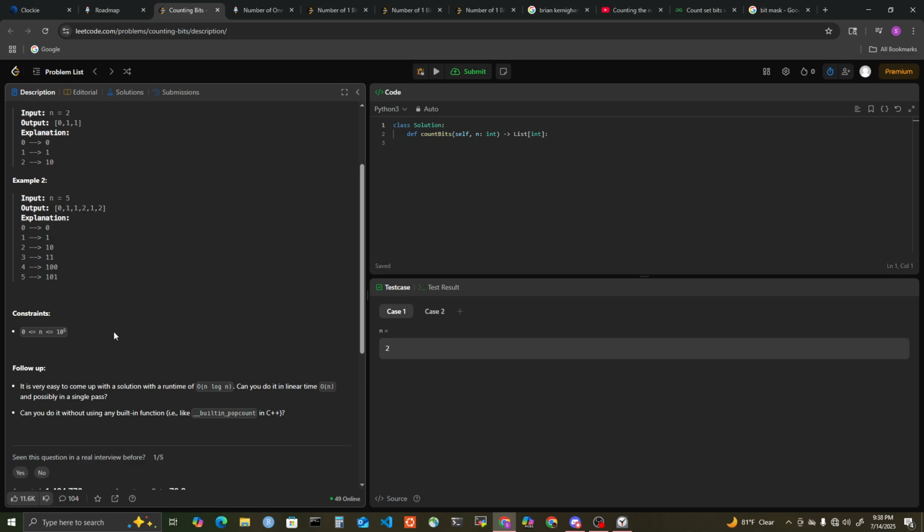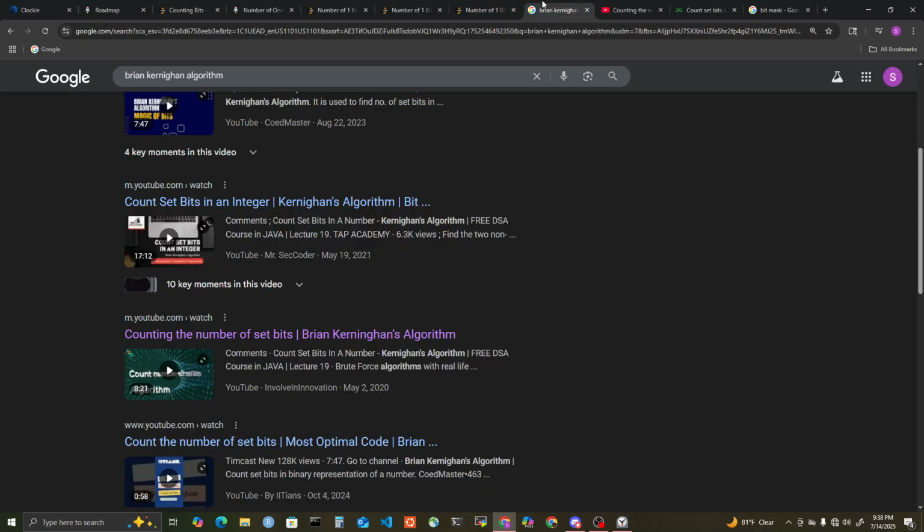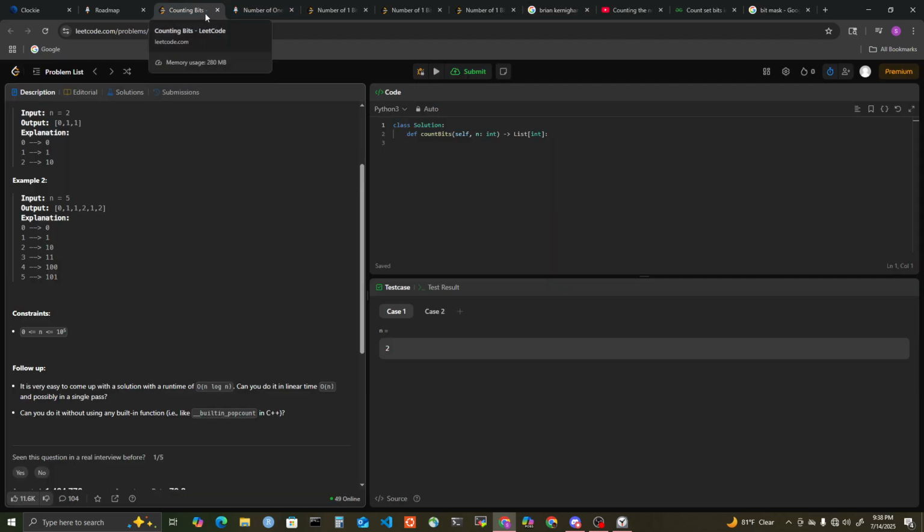I'm guessing this is DP plus the gentleman Brian. What is this? Kernighan's? Kernighan. Mixture of those two. Mr. Brian Kernighan plus DP.